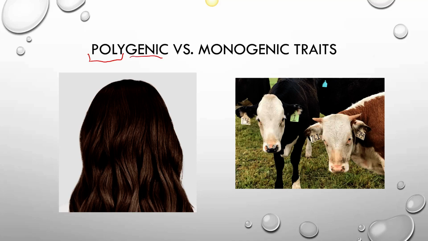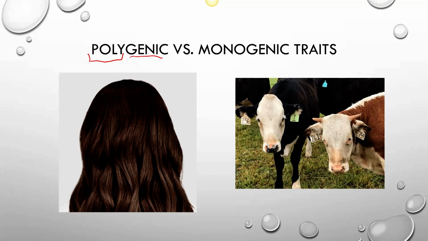This is a trait that is inherited by multiple genes. In other words, multiple genes and the products of those genes will come together to create the trait. Hair color is a good example of a polygenic trait. There are lots of different shades of hair color, and there's many genes involved in the production of the hair color.